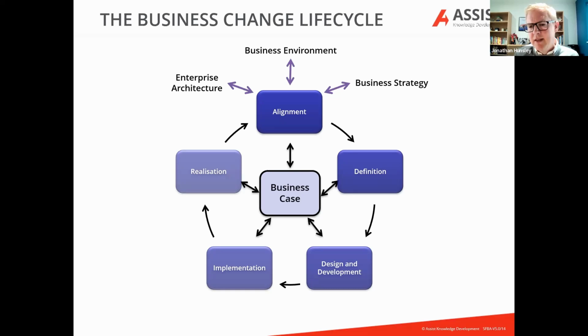We'd also look at the business strategy. So what is the organization's plan for success, and does the proposal for change align with that plan, or is it slightly ajar to that plan? And then the enterprise architecture, which is the combination of the business, the applications, the data and the infrastructure architecture. Does the proposal for change make sense given the organization's enterprise architecture?